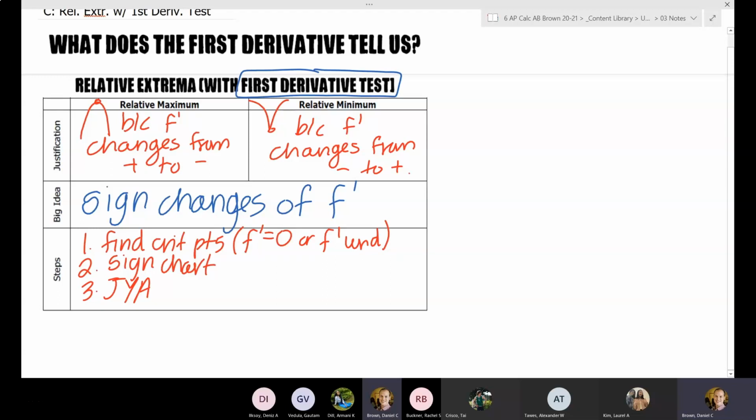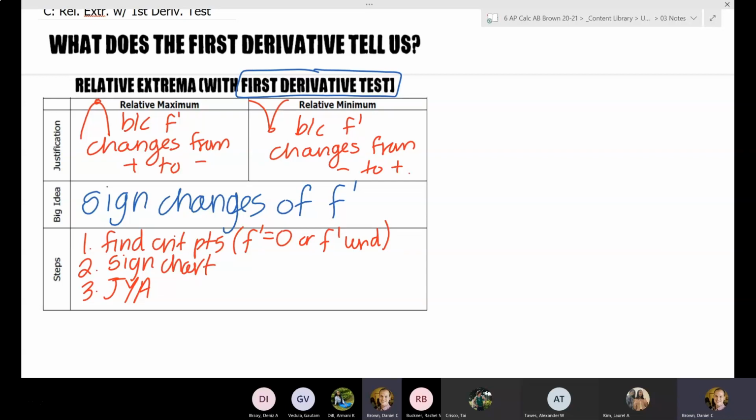Normally, most students are really okay with the first derivative test, especially once they've mastered doing intervals of increasing and decreasing with the first derivative. So maybe a chance, I know some of you are still writing that down, and then I'll switch.